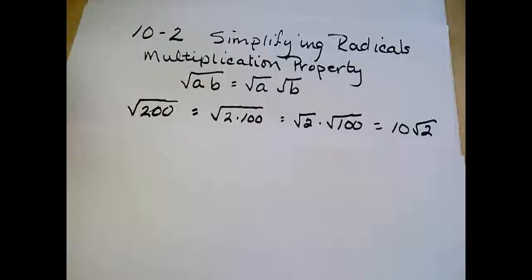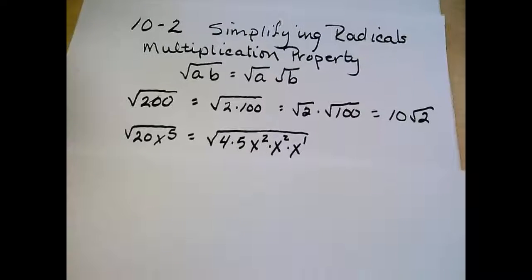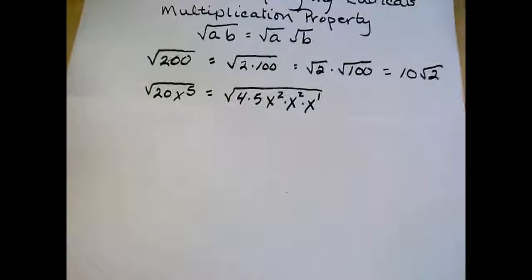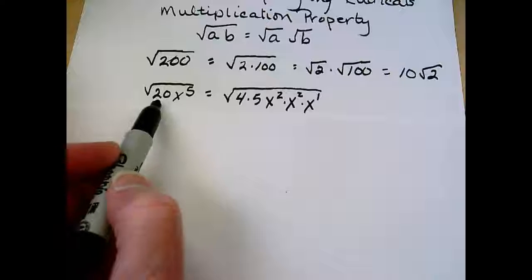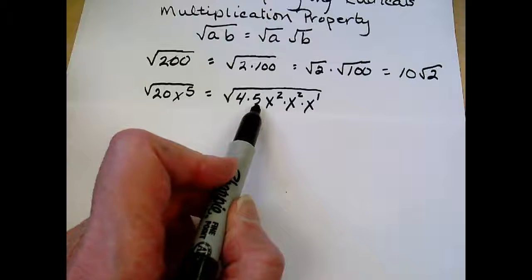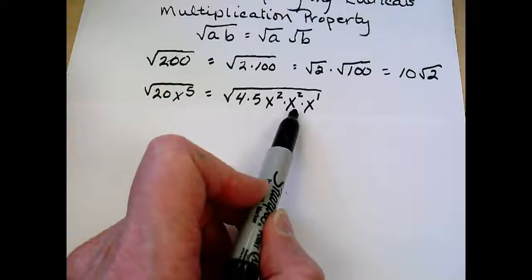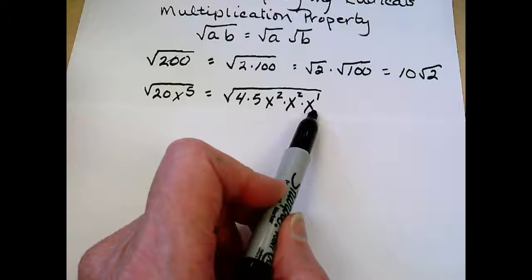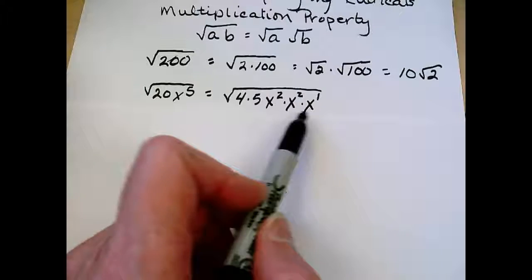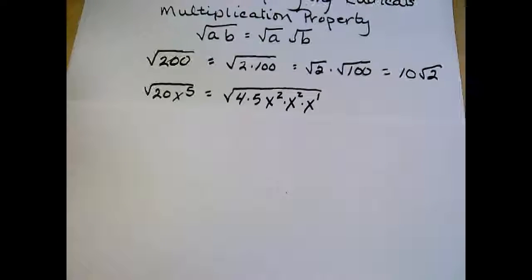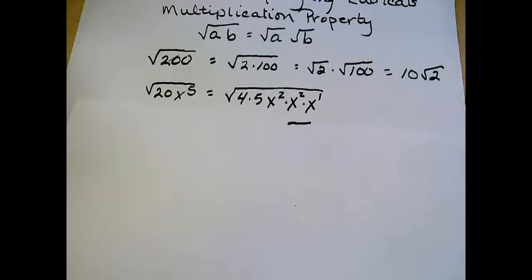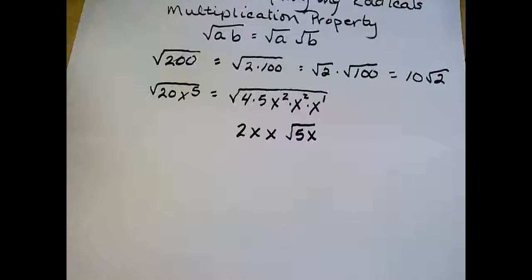If we have some variables in there, we can do the same thing. We separate them up. 20 is 4 times 5. X to the 5th is x squared times x squared times x to the 1. We went over exponents in a previous chapter. Square root of 4, I now know, is 2, so I can write that down.